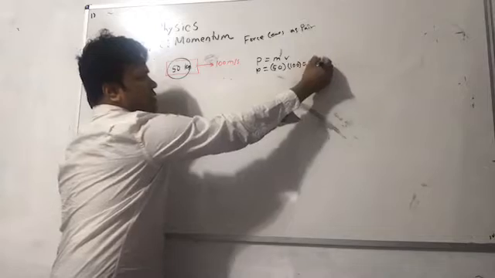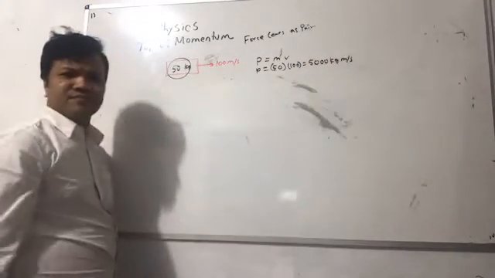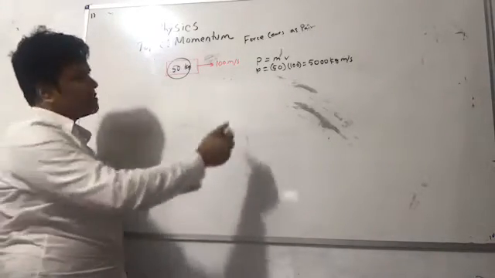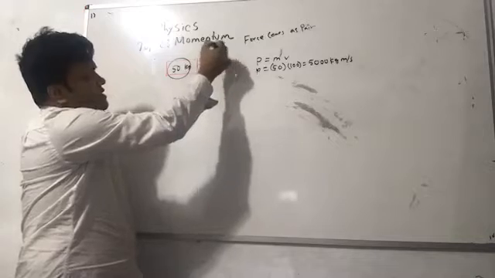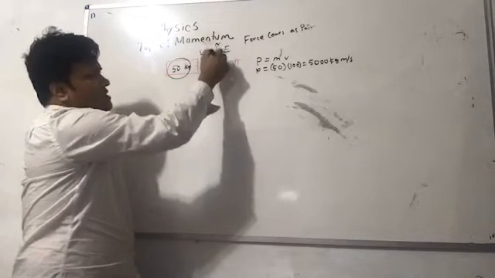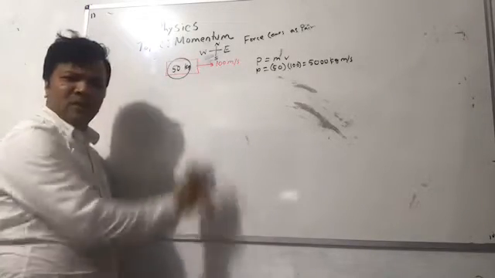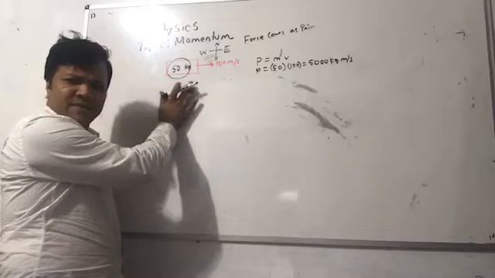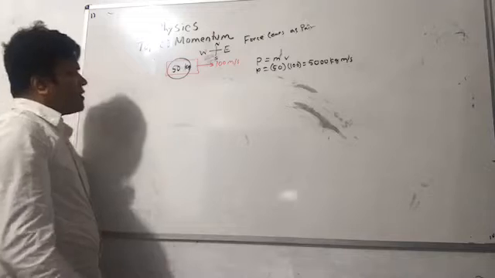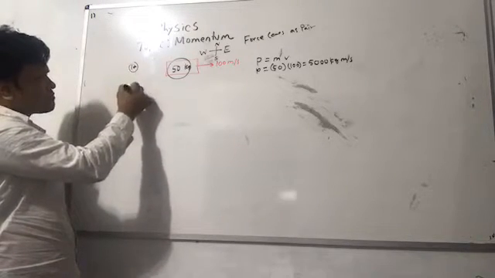So 5,000 kilogram meter per second, and it is toward the east, because the convention is this is east, this is west, this is north, and this is south. We found the initial momentum: 5,000 kilogram meter per second. This is 1A, 1B.